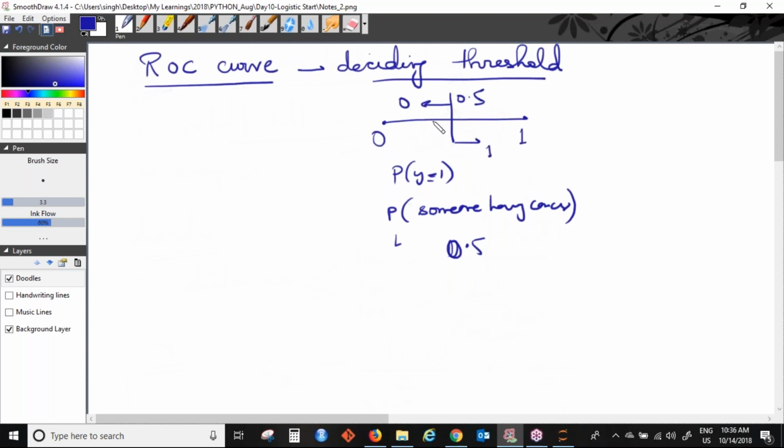Now, do you think a person who has 0.49 probability of having cancer should be classified as a 0? If a person having 49% probability of having cancer is classified as not having cancer, is that good?